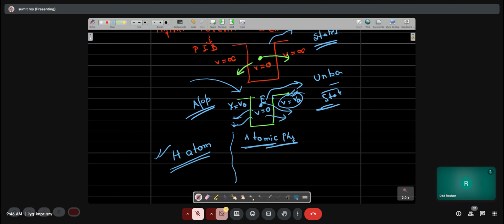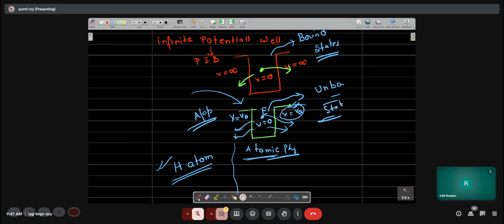So what I am preferring is that I will cover this finite potential well next. And for the time being, we will leave this hydrogen atom part because it's a long answer. It takes time to wrap it up.